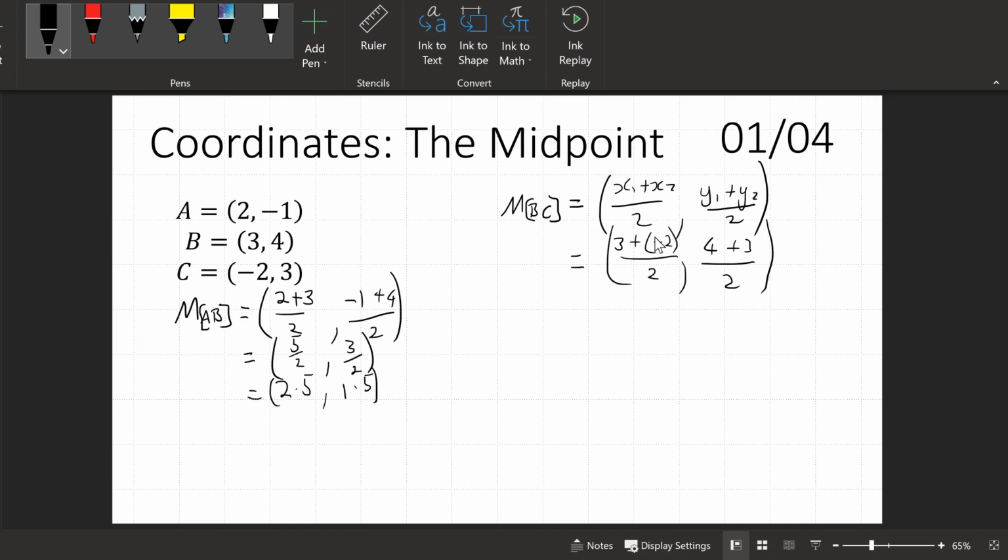Now, 3 plus -2 is the same as 3 take away 2. So that's going to be 1 over 2. And then 4 plus 3 is 7. 7 over 2. So finally, we get 0.5 and 3.5. Okay. So that is how we find the midpoint of a line segment between 2 points.